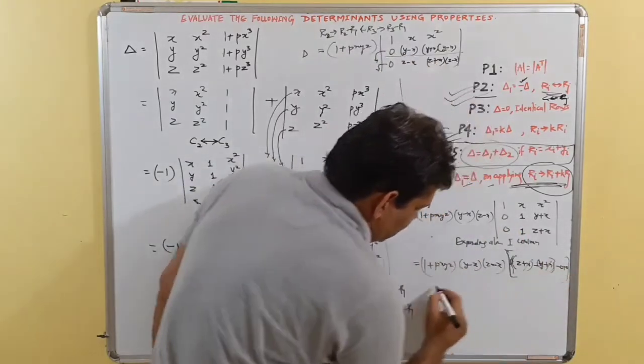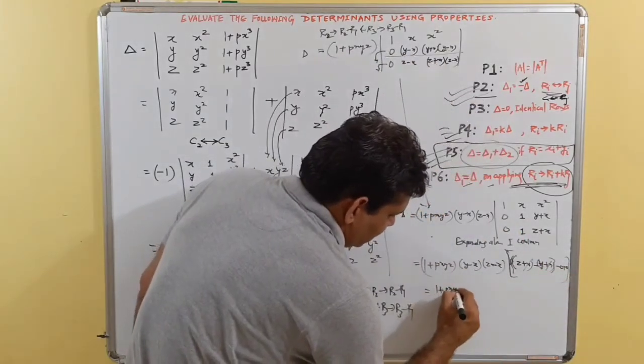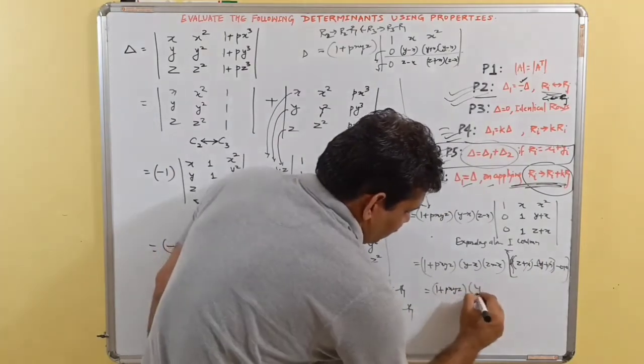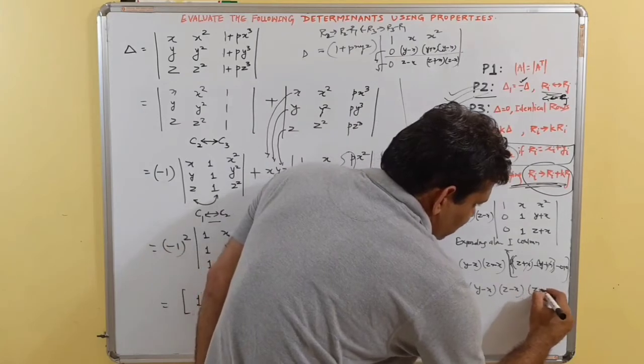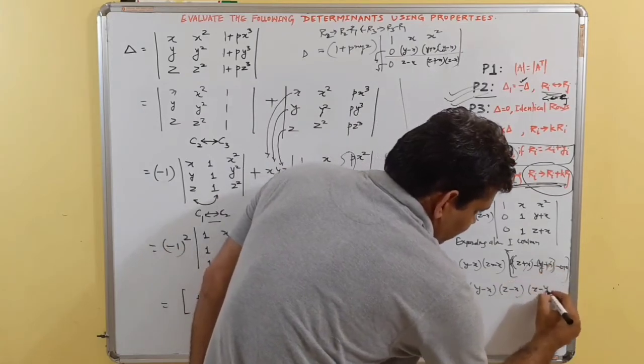Here x will be cancelled out, so it will give 1 plus pxyz into y minus x into z minus x into z minus y.